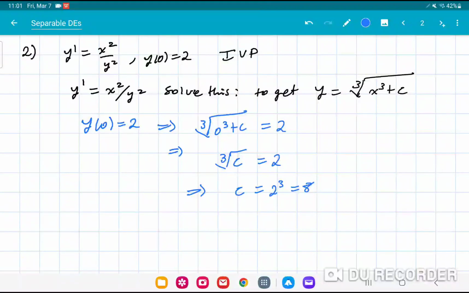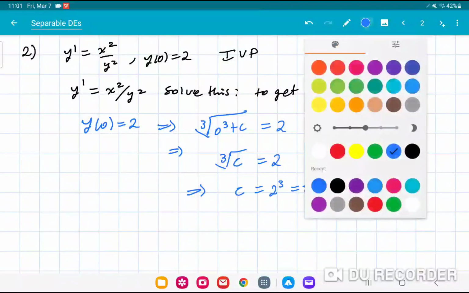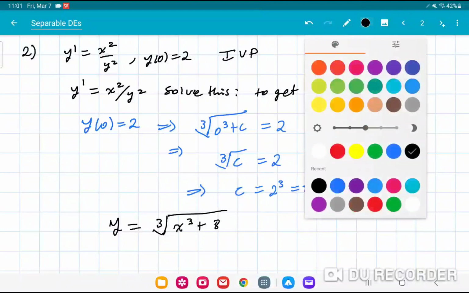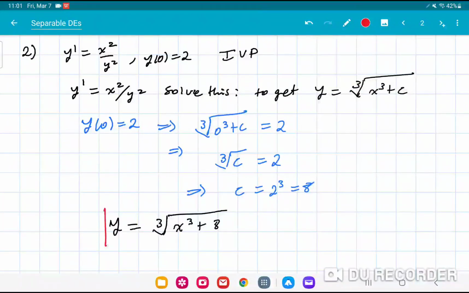Therefore, the solution to this initial value problem is y equals the cube root of x cubed plus 8. It's a specific curve, a specific solution, because it's an initial value problem.